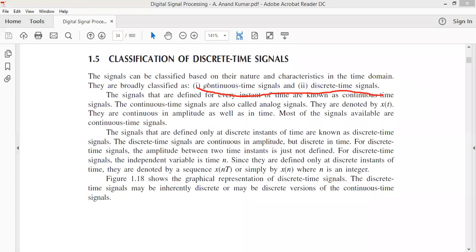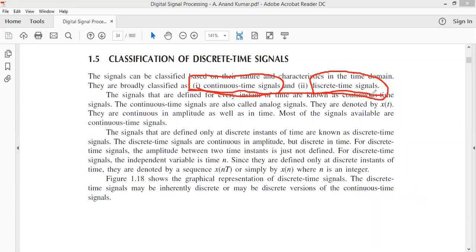We know that most of the signals occurring in real time are continuous time signals. To get a discrete time signal, we sample the continuous time signal to obtain discrete time signals. Some naturally occurring signals are also discrete time signals.